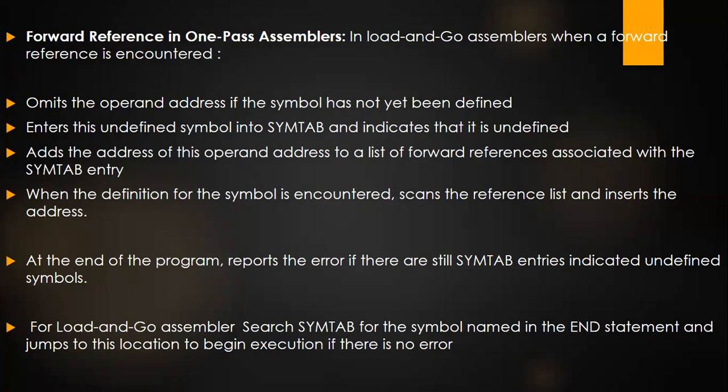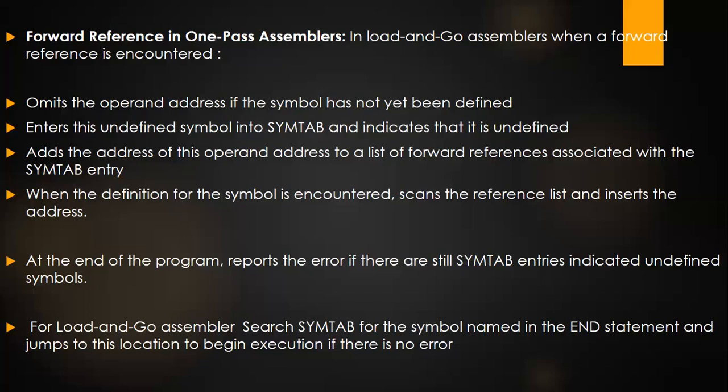Then add the address of this operand to the list of forward references associated with the symbol table entry, because when the original value of the operand is found in the future, it will be updated. Whenever we get such an operand address, it should be updated.